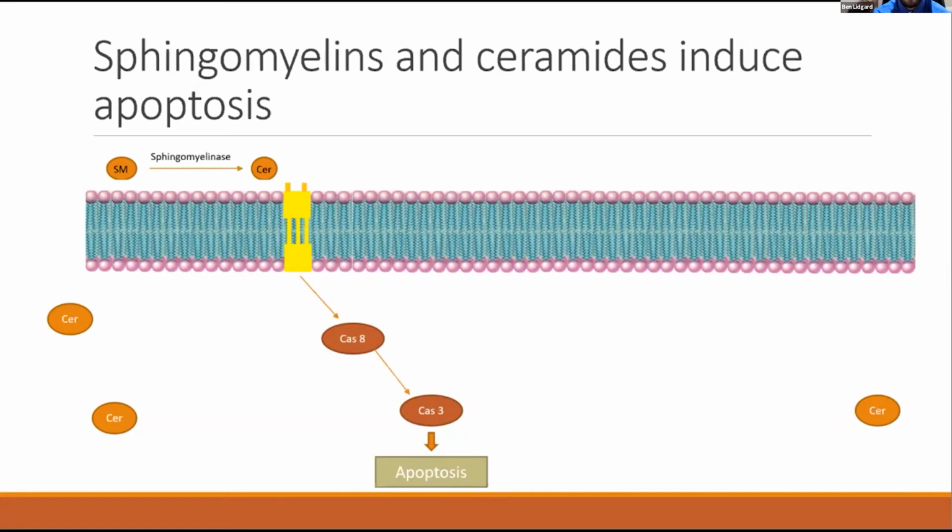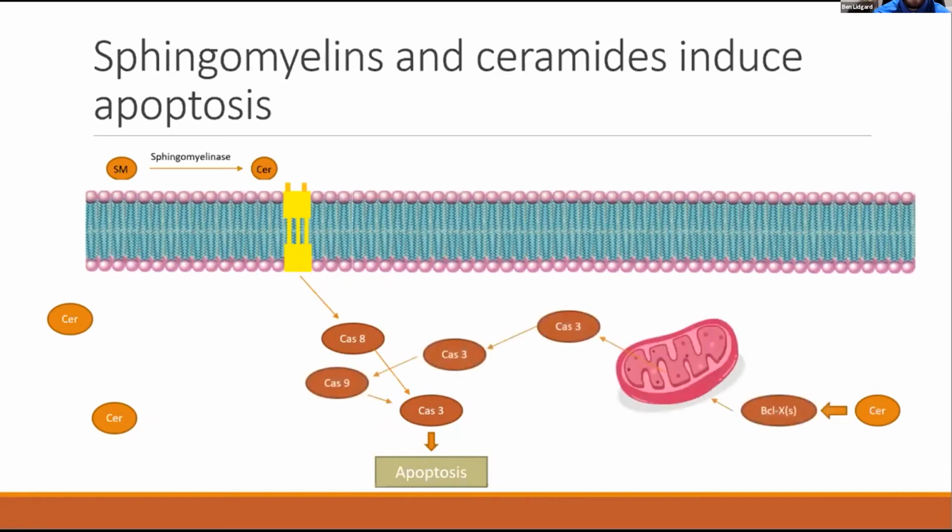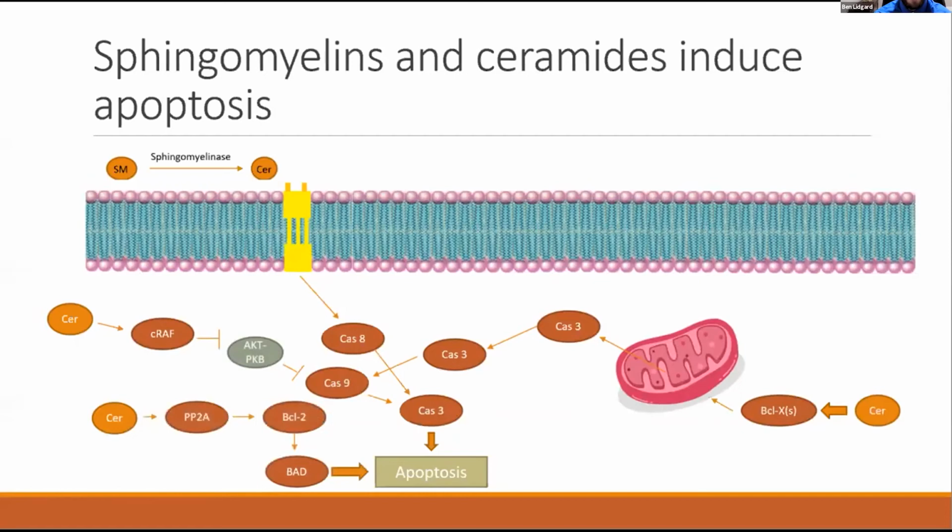Further, intrinsic ceramides might induce apoptosis via mitochondrial membrane instability, which causes cytochrome C release and activation of the caspase 9 cascade. It might also cause activation of CRAF, which removes the AKT-PKB inhibition of caspase 9 and the caspase 3 apoptosis pathway, or it also might act through the PP2A BCL2 BAD pro-apoptotic pathway.